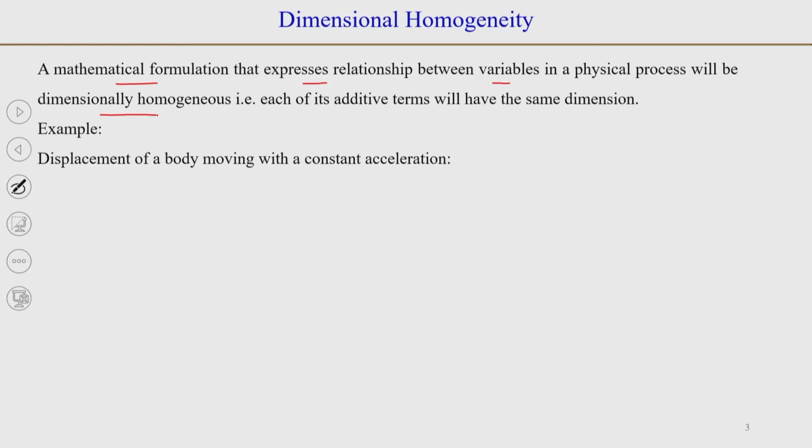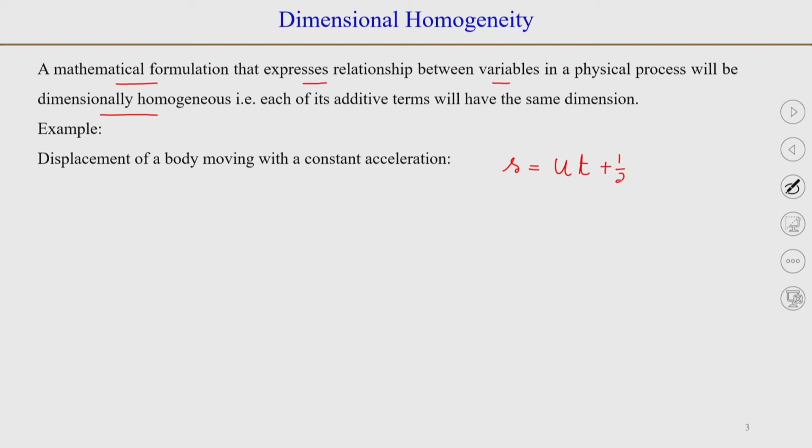Consider the displacement s of a body which moves with a constant acceleration. The formula that all of us would have studied at some point of time: s is equal to ut plus half a t square.